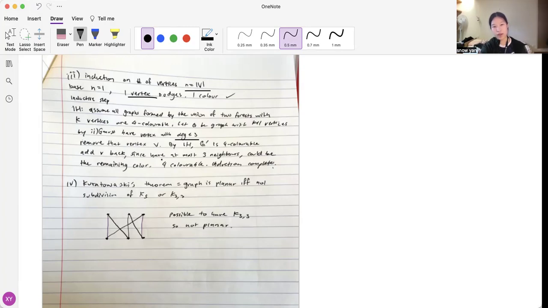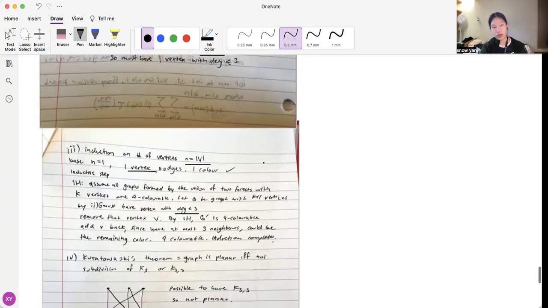So we remove that vertex. By the induction hypothesis, G minus that vertex is 4-colorable. When we add it back, since it has at most 3 neighbors, it can take the remaining color. So it's 4-colorable, and the induction is complete. That's how we prove this.